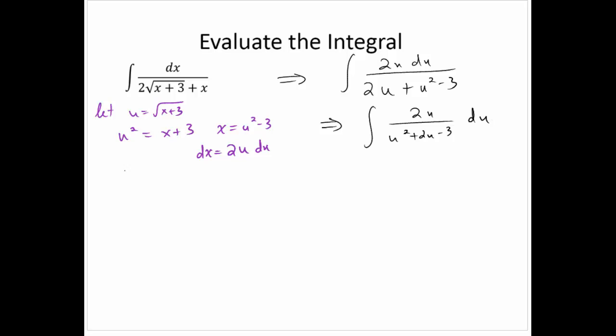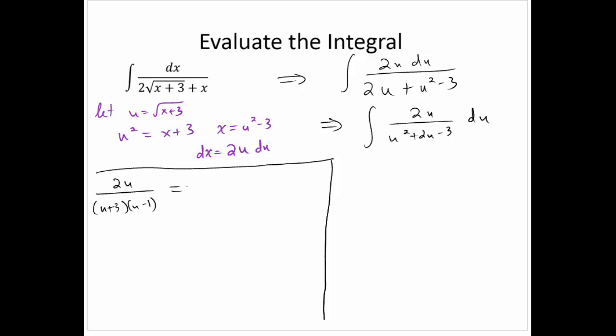Well, now wait a second. Now that looks rational in terms of u. So 2u over u squared plus 2u minus 3, that factors as u plus 3 by u minus 1. So now I'm going to use partial fractions decomposition.